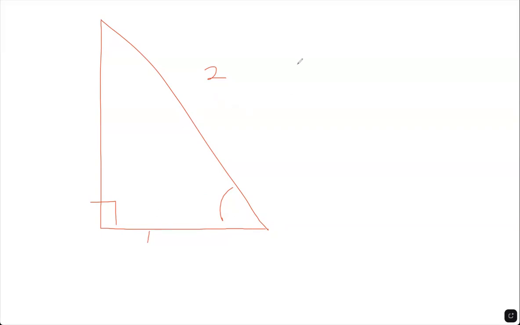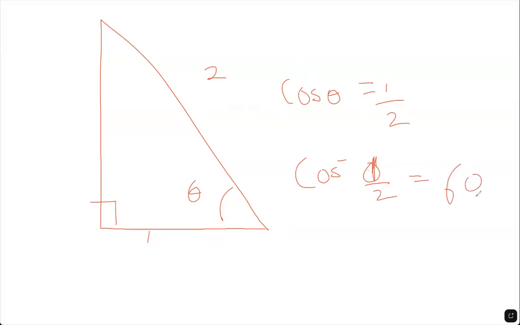The adjacent and the hypotenuse combine together, so cos theta equals 1/2. Then you do the inverse of it. That gives you 60. If you press inverse cos on your calculator, you're going to get 60. So that's how you would apply trigonometry on this one.